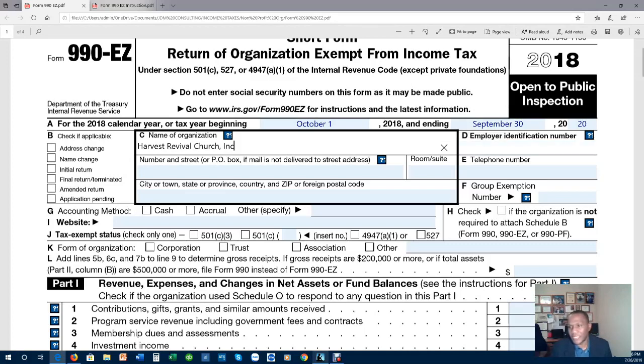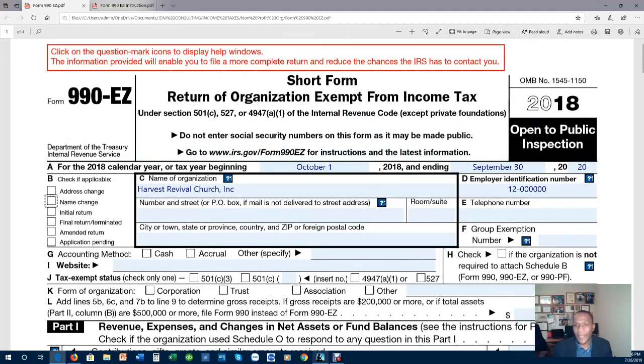In Section D, you would enter the employer identification number, which usually starts with two numbers, a dash, and so forth. You enter all the other necessary numbers right here. So let's say that this is your initial return.